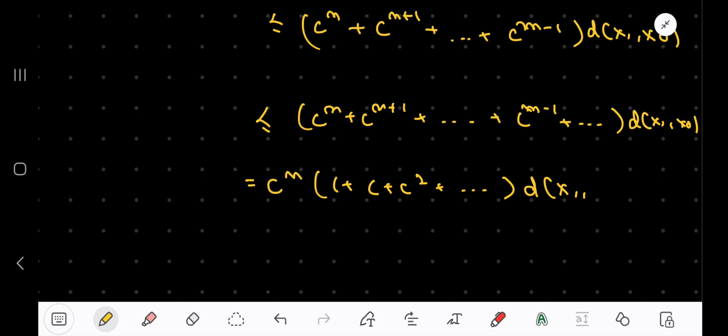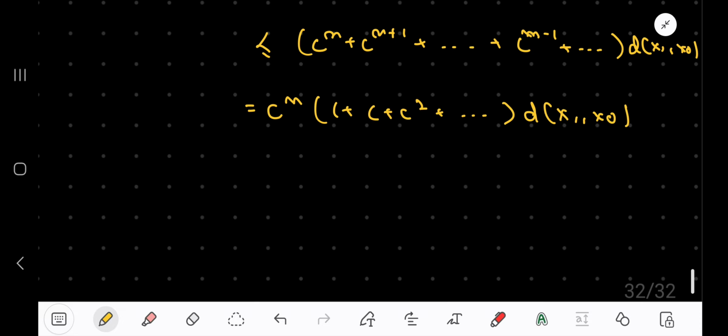Since c is less than 1, it gives me a convergent geometric series, so this is c^n times d of x_1, x_0 times the inverse of 1 minus c.